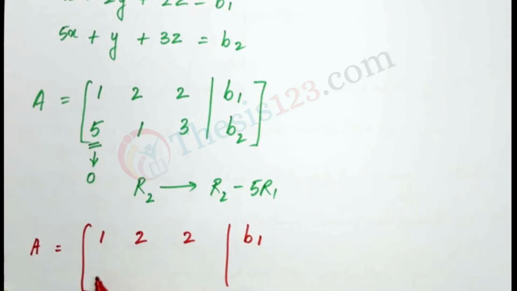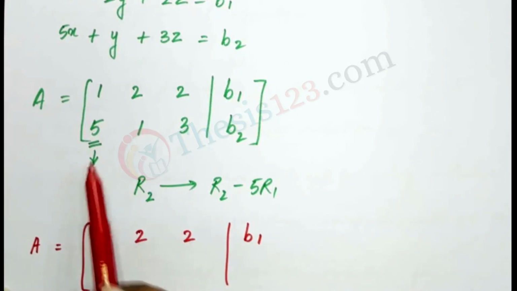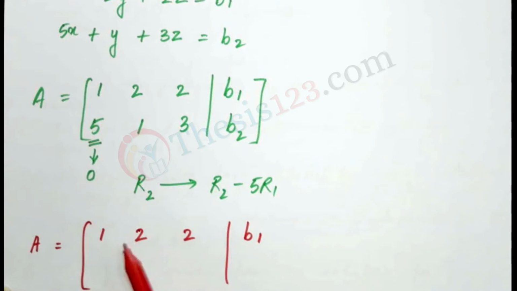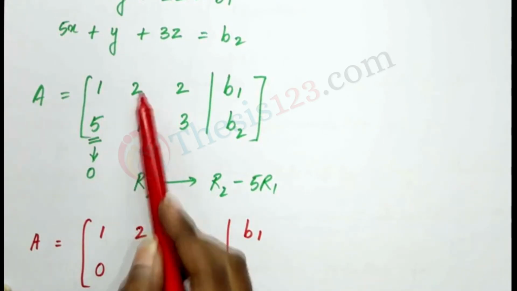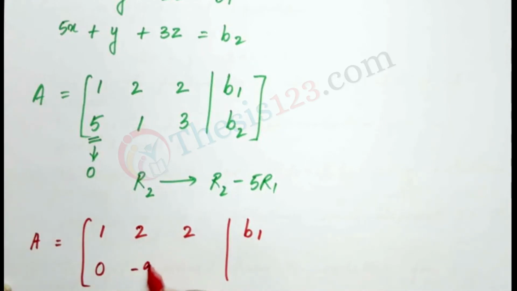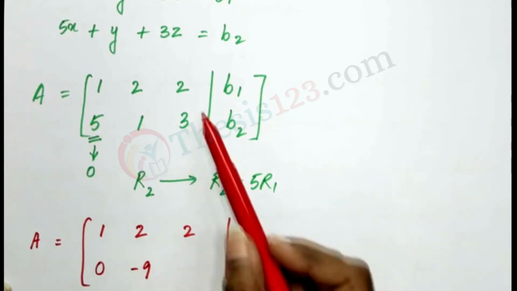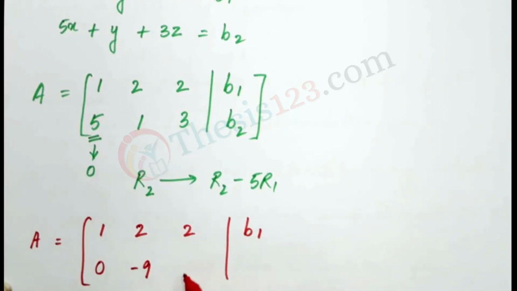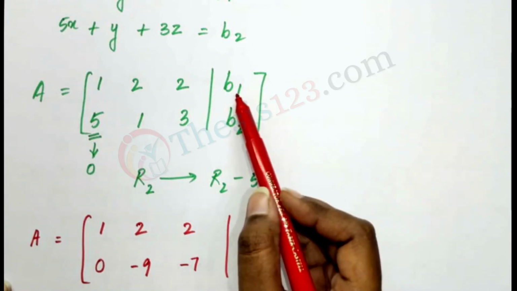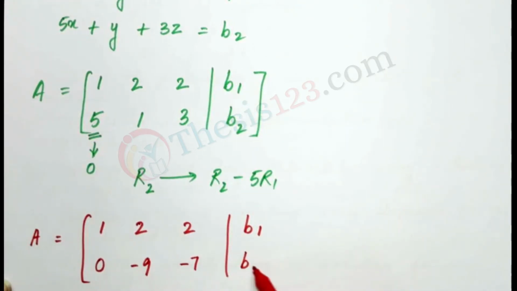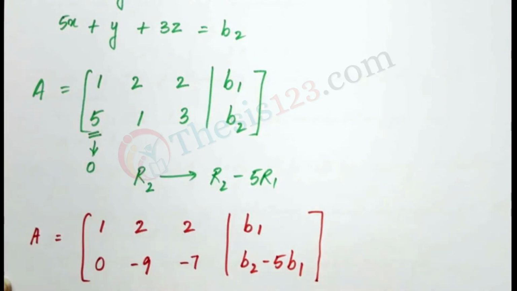Now let's see what happens to R2 here. 5 minus 5 into 1, that's 0. 1 minus 5 into 2, that's minus 9. And 3 minus 5 times 2, that's minus 7. And in this case, for the final element here, b2 minus 5 times b1. So this is our new matrix.